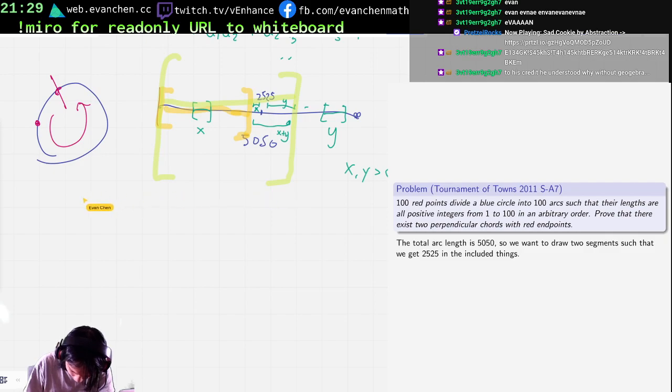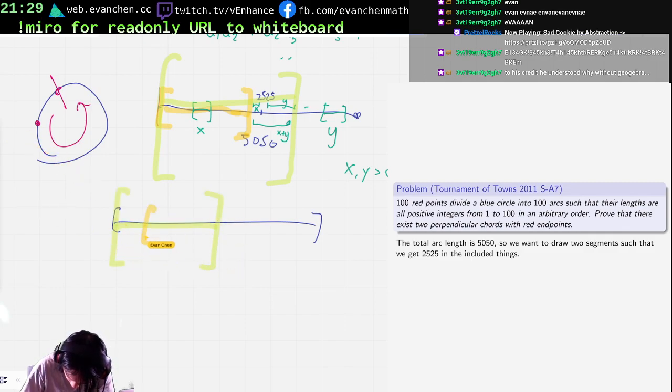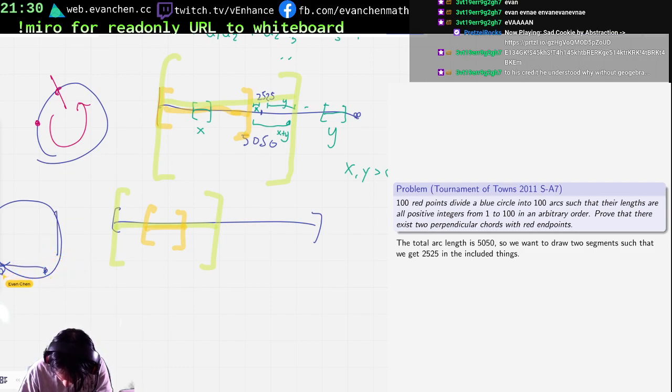Wait, so you're telling me if I have this and another segment in here, wait, so does it just always work, even if the segment's inside?